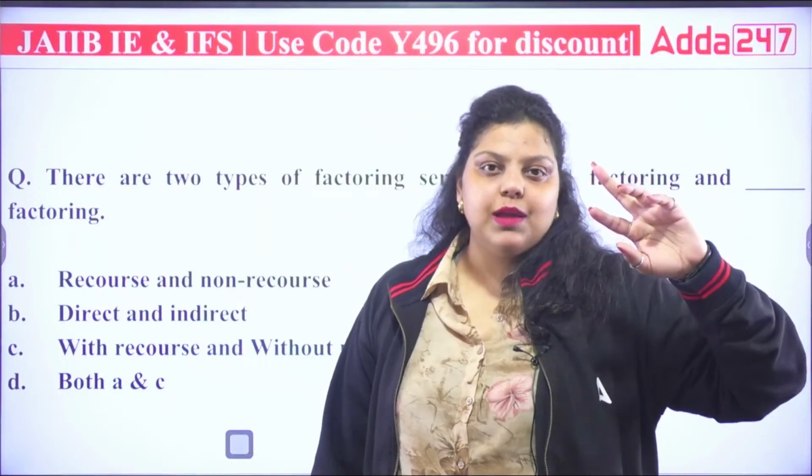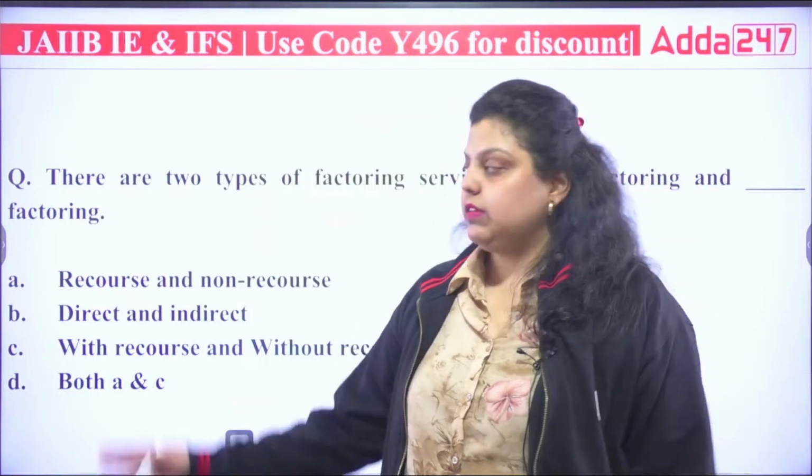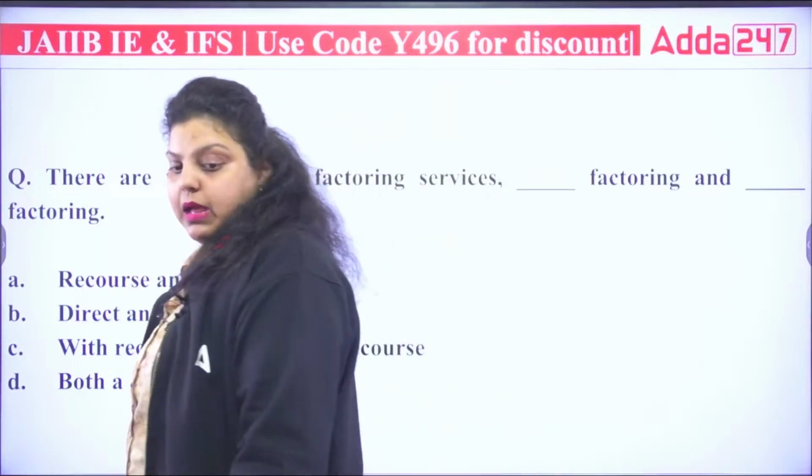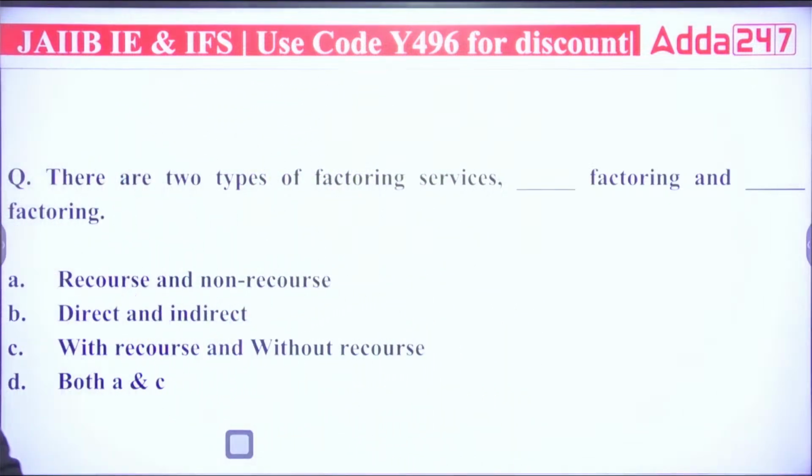Do remember, in one type the seller has to return the money to the factor, and in the other type the bank has to face the loss. The seller does not have to repay the money. The options are: recourse, non-recourse; direct, indirect; with recourse, without recourse; both A and C.